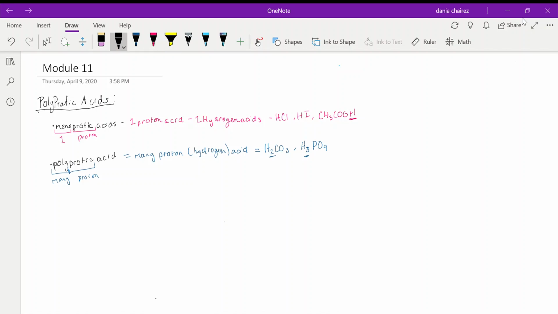So, what does it mean to be a polyprotic acid besides it having many protons? Because you have so many protons, it means that you have more than one Ka value. Essentially you have as many Ka values as you have hydrogens.